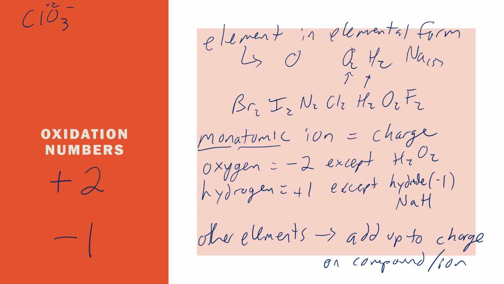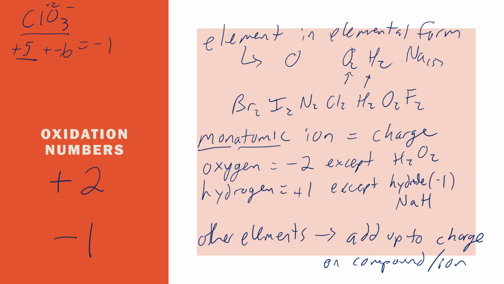So we have to make sure that these elements add up to -1 because the charge on the compound is -1. So something from chlorine plus the -6 from those 3 oxygens need to add up to -1 for my overall compound. So the chlorine must be +5 in that situation.